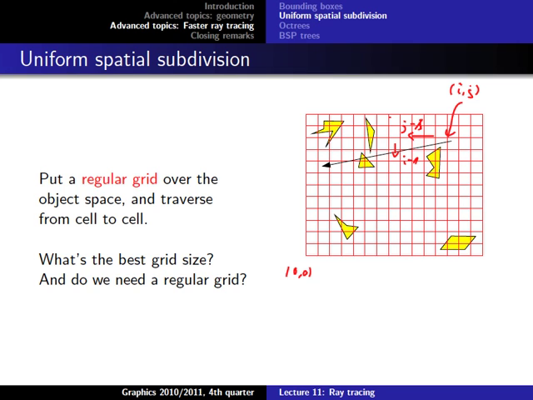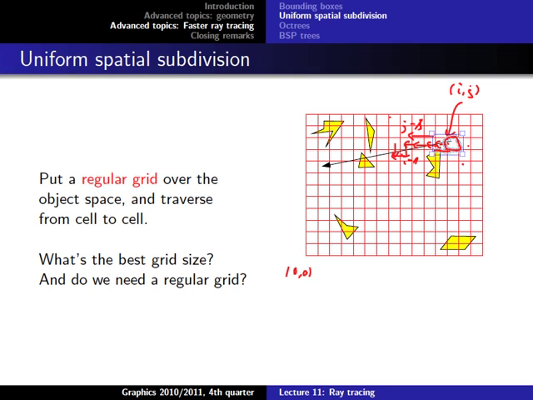So we have this cell i j, and then if we have a line, it's clear that we either go to this neighboring cell, or if the ray moves down, we go to the cell below.